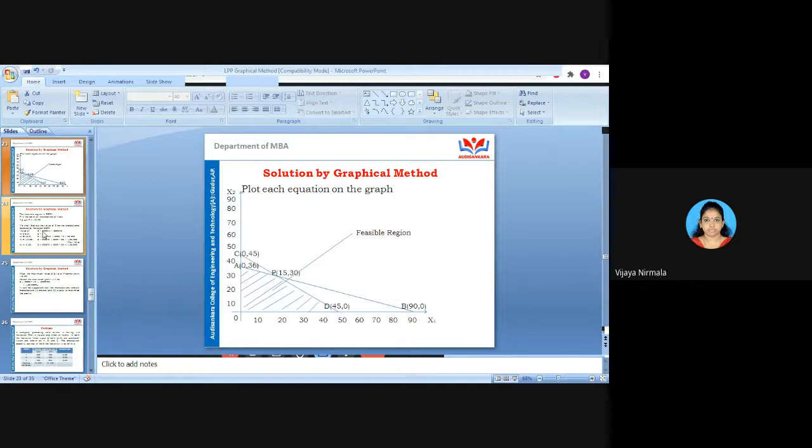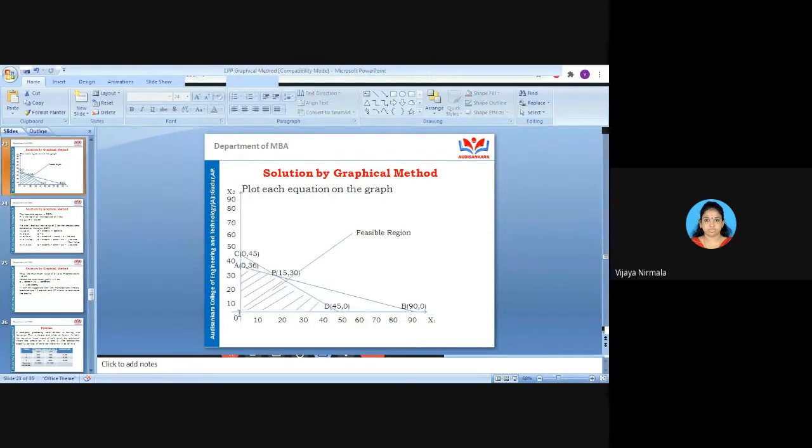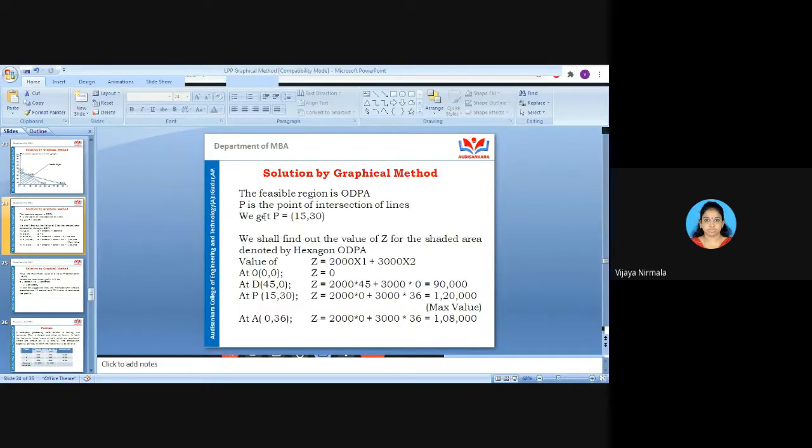Now you have come to know the feasible region is ODPA, right? So P is the point of intersection of the lines, and the value of P is 15, 30. Whatever you get, you can write that also.